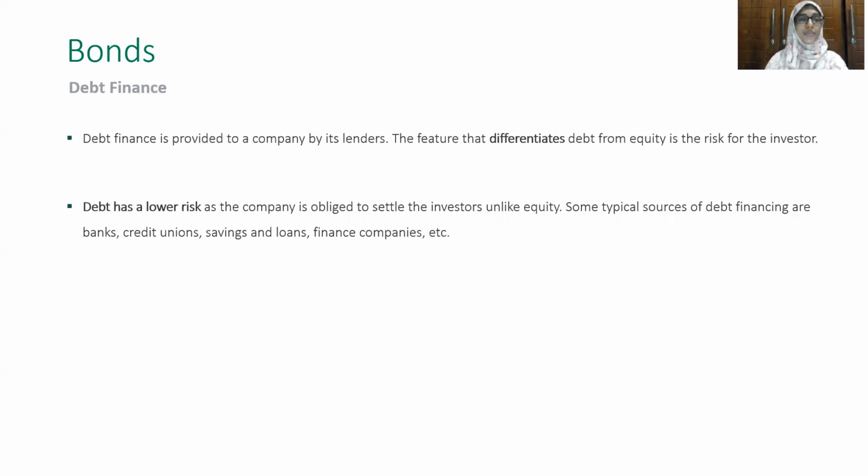Now, let's move on to another section, which is debt finance. We just spoke a little about debt and equity, but this talks to you about the debt finance section. Debt finance is provided to a company by its lenders. The feature that differentiates debt from equity is the risk of the investor.